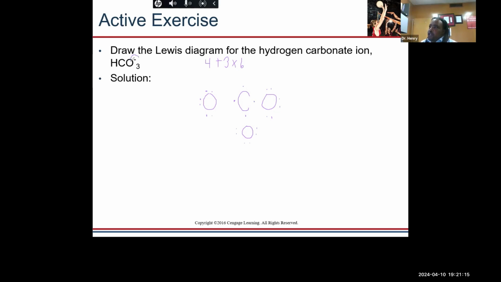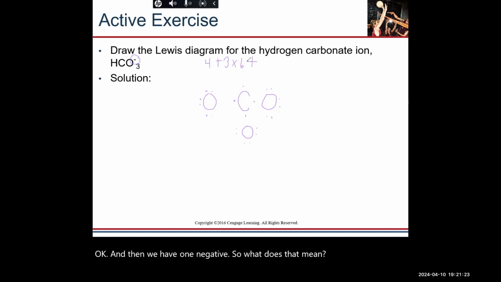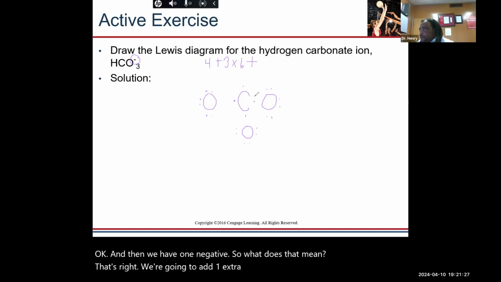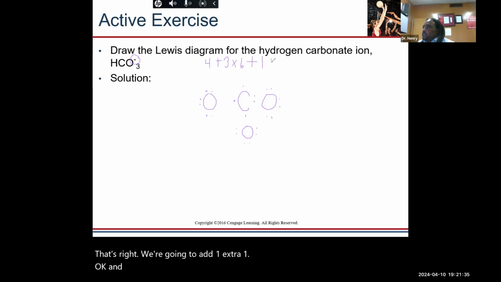Okay, and then we have one negative. So what does that mean? We add one more. That's right. We're going to add one extra one. Okay. And then hydrogens, we have one hydrogen, and that hydrogen has one valence electron.